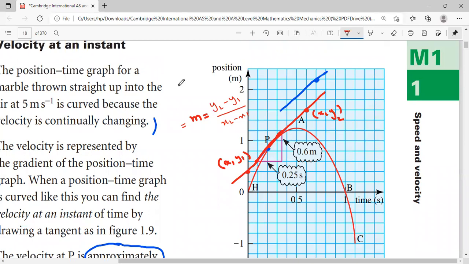In a position-time graph or a distance-time graph, both are the same.